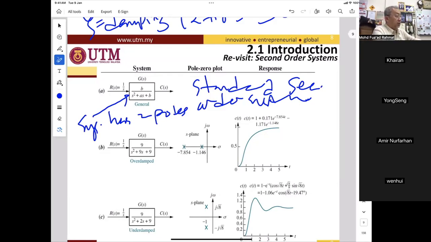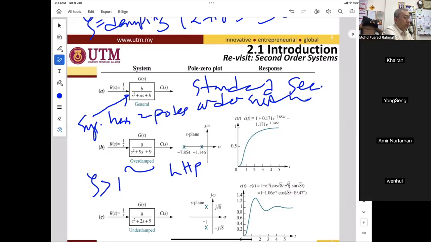So the first category of a second order system is known as overdamped. Overdamped is where the zeta value is greater than 1. The location of the poles is on the left half plane, where the values are real, different real values.